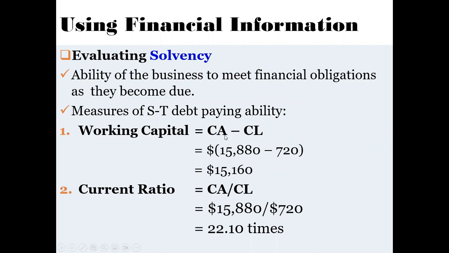But remember these. Your short-term measures of short-term debt paying ability are your working capital and your current ratio. So these relate to the balance sheet. Let's look back at the income statement now, the information that the income statement provides, and the statement of owner's equity. We tie the two of them together.